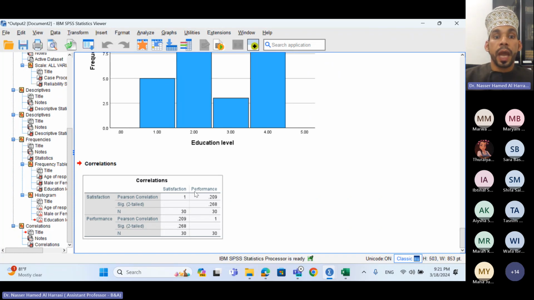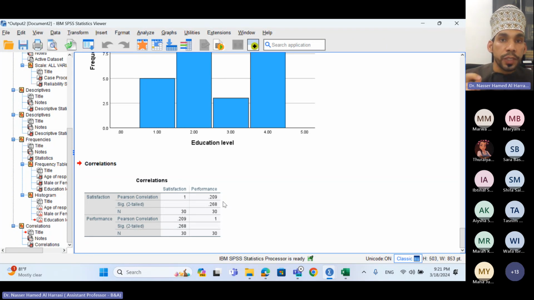Any hypothesis, we always accept it if the significance here is less than 0.05. If it is less than 0.05, that means there is a relationship between satisfaction and employee performance, and that relationship is statistically significant.